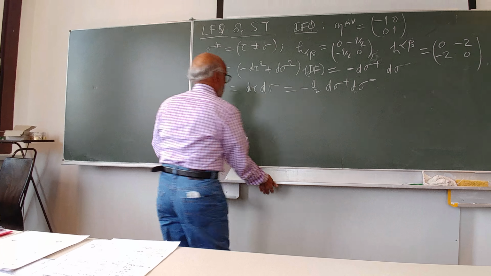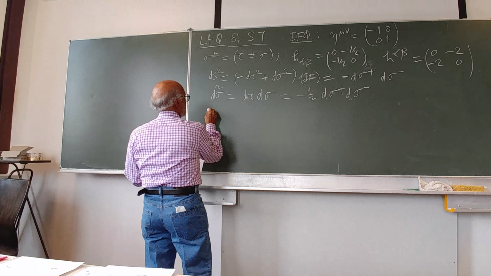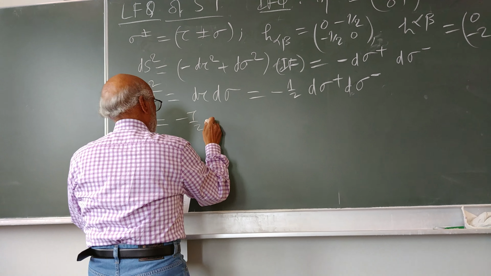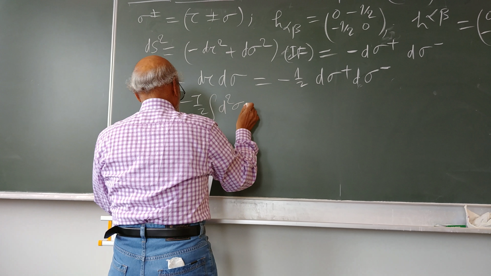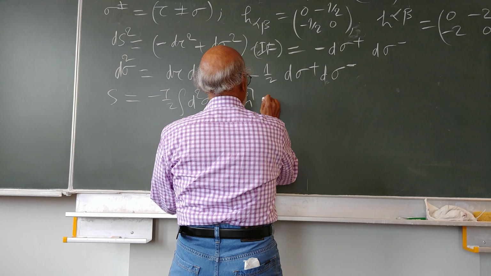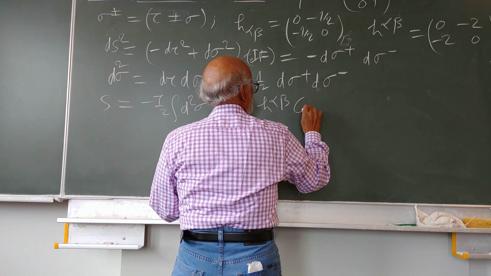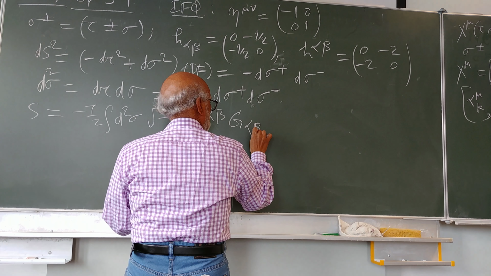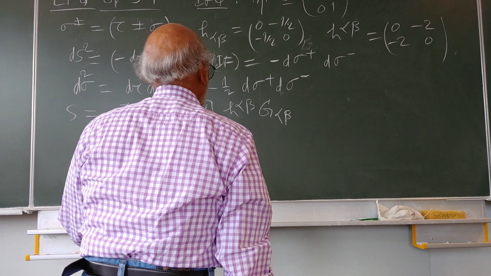S, this is minus T by 2, integral d2 sigma, square root of minus h, h alpha beta g alpha beta.